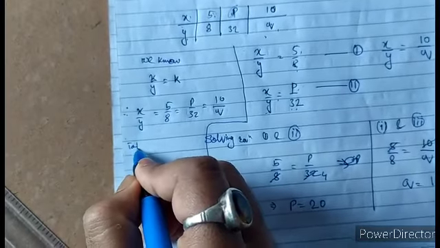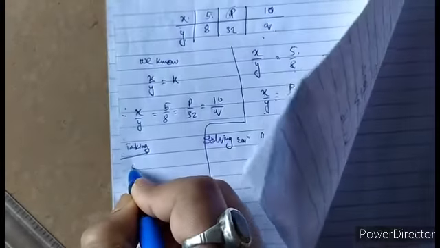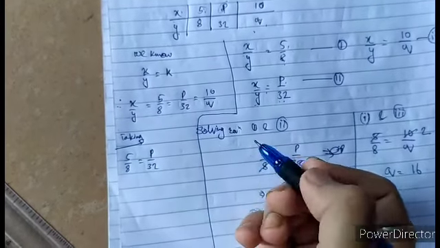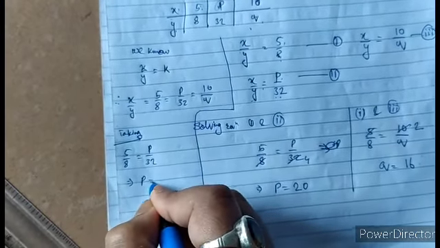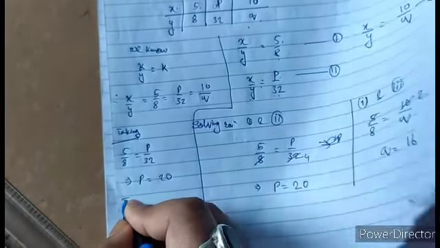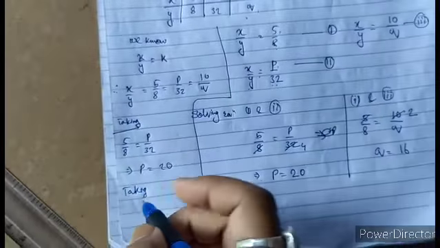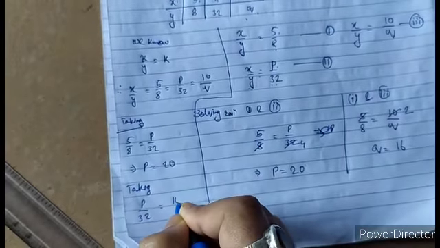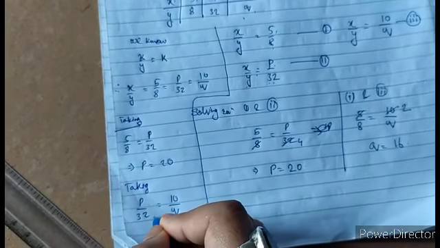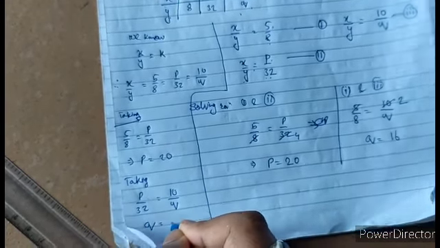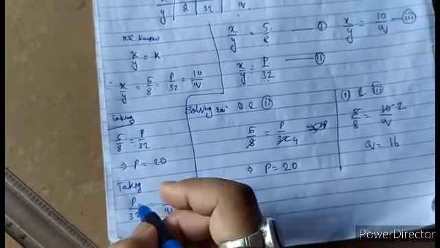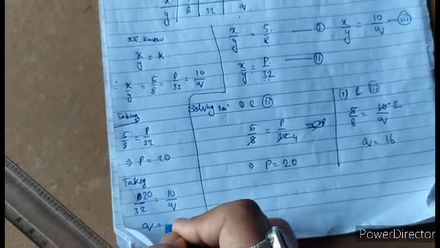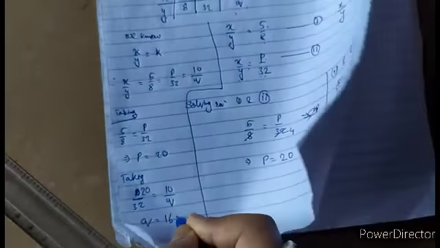Then taking 5 by 8 equal to p by 32, we just cross multiply and get p equal to 20. And by taking p by 32 equal to 10 by q, we cross multiply and get q. Now we know p equals 20, so taking 20 by 32, q equals 16.